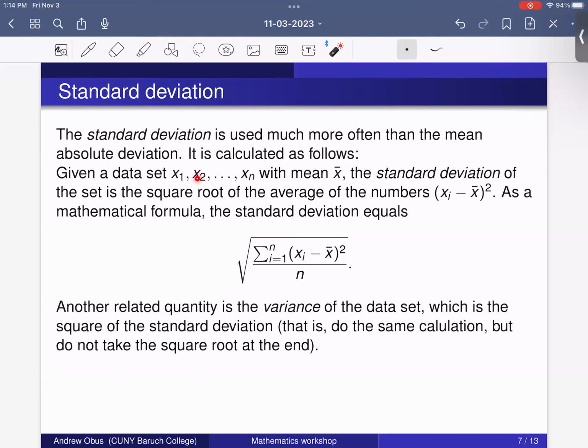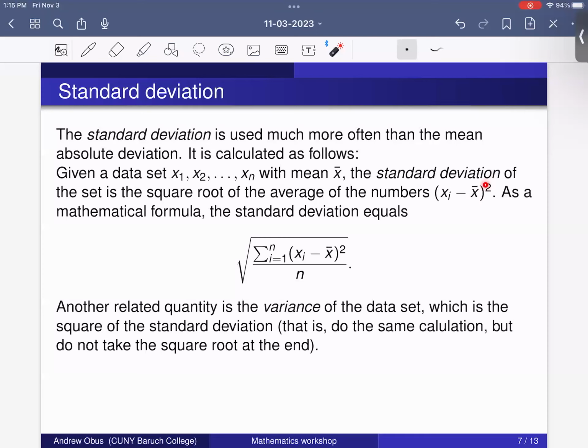Again, we start with a data set, and the mean of the data set is X bar. So same notation that we had before. And now what is the standard deviation? Again, you're calculating these distances, these xi minus x bar. But with the mean absolute deviation, we took the absolute values of all of them, and then we took the average. Here, instead of taking the absolute values, we square each distance.